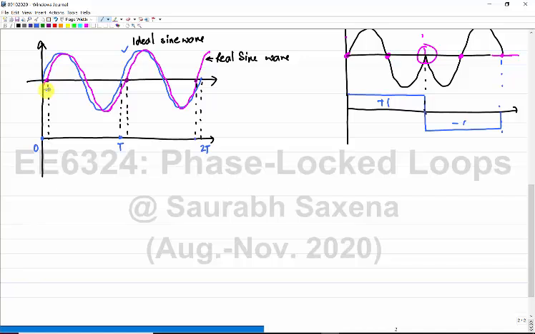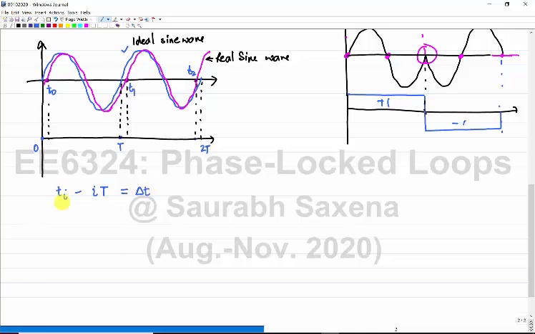If I write t of 0, t of 1, t of 2, and so on as the timing instants at which my real sine wave crosses 0, then t of i minus i times T is going to be the timing error between the ideal rising edge and the real rising edge.